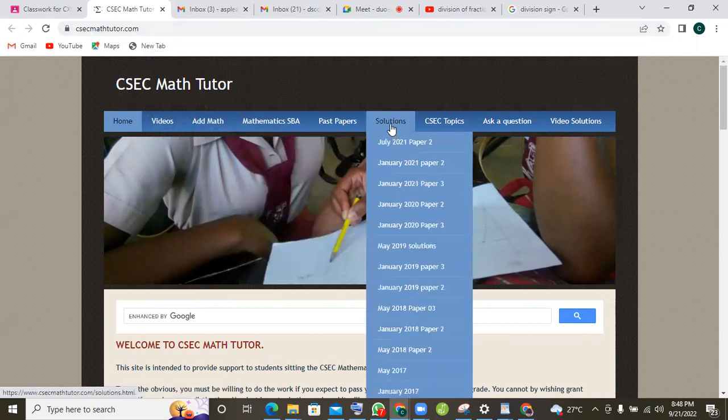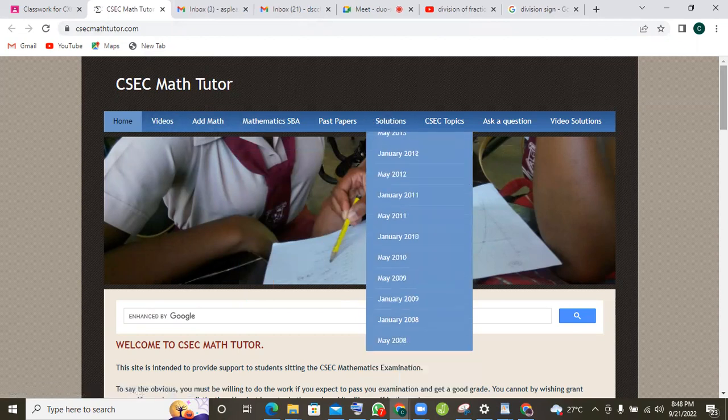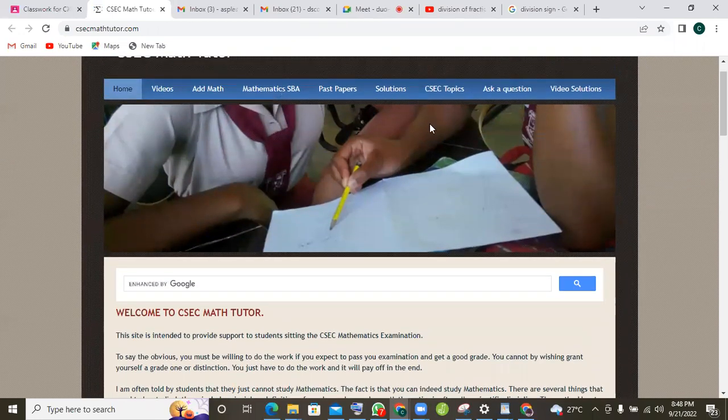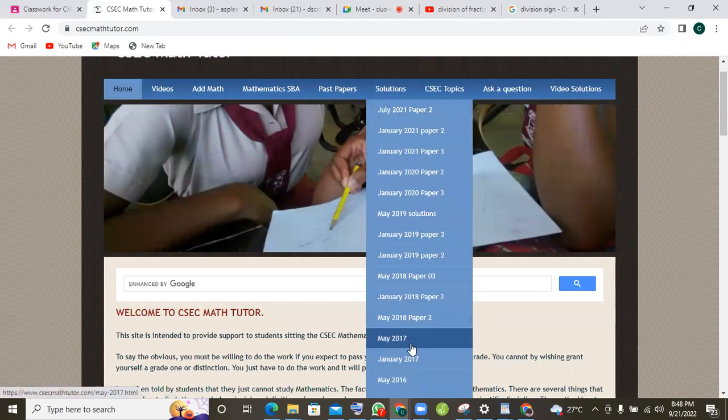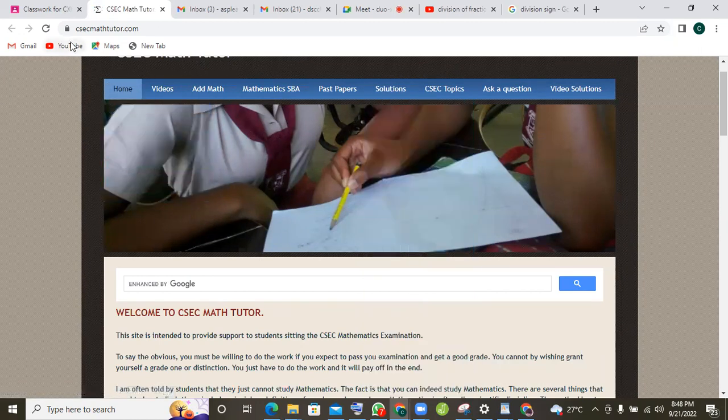We're looking for the solutions of the June 2022. Oh, I just recall, they have not prepared the June 2022 yet. What they have is the July 2021. Okay, let's go for the July 2021.